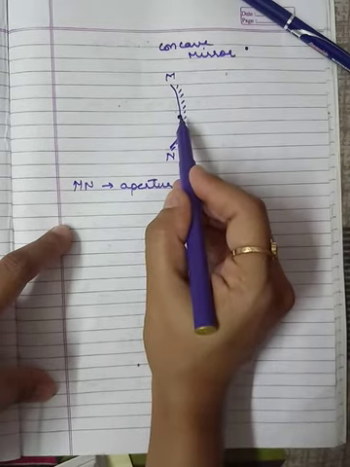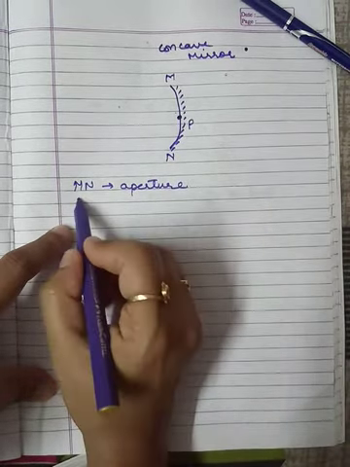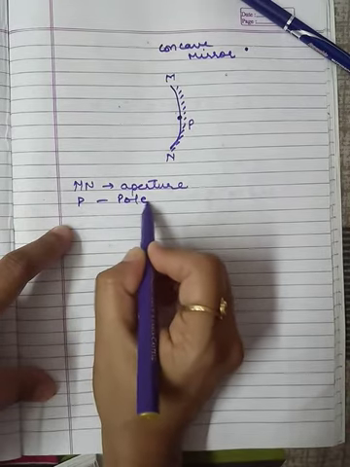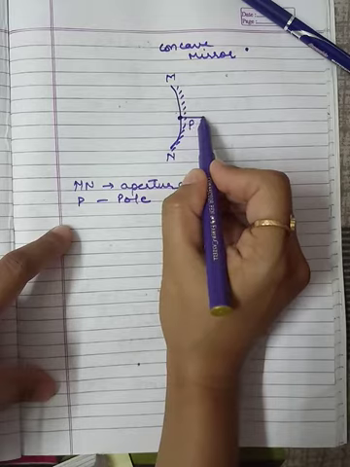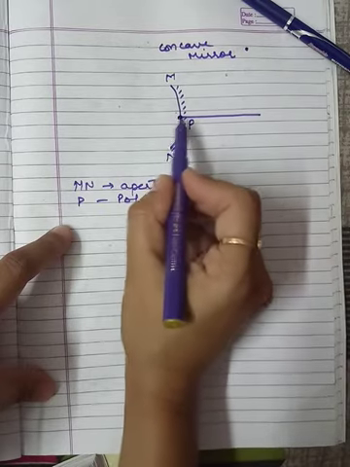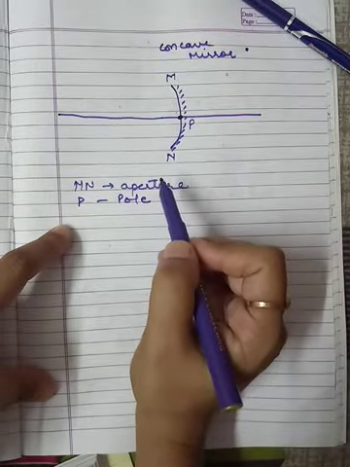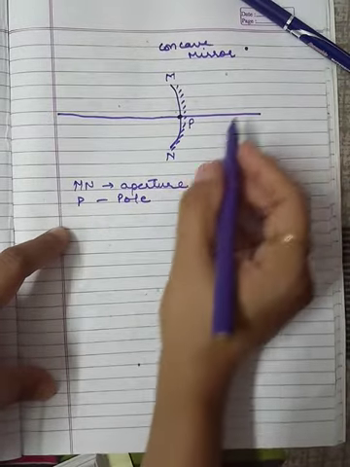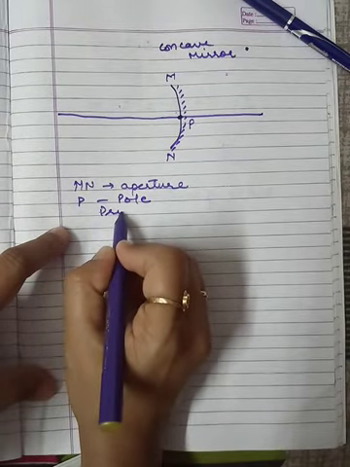The center point of the mirror will be called the pole, so P is the pole. From the center point a line perpendicular to the mirror is drawn toward both sides. This is known as the principal axis.